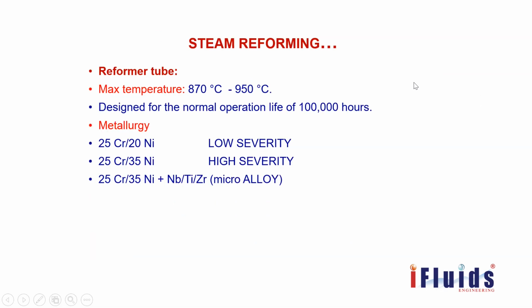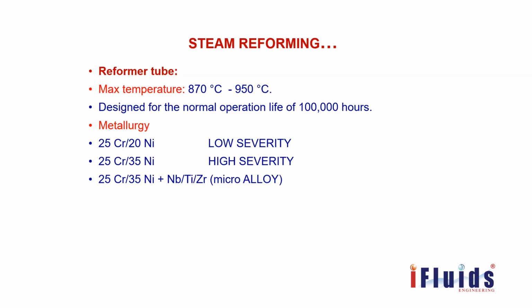The maximum temperature at this point we already discussed. The reformer tube is designed for a normal operating life of 100,000 hours, that is 1 lakh hours. And what is the metallurgy for this tube? It should withstand very high temperature and handle a high rate of feed without restricting the flow.